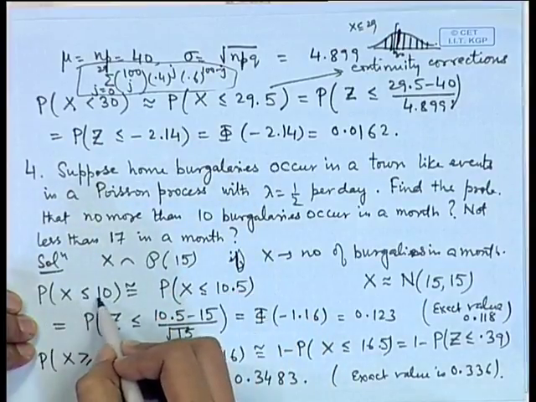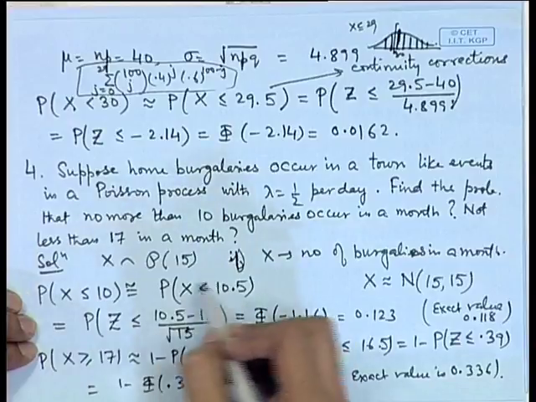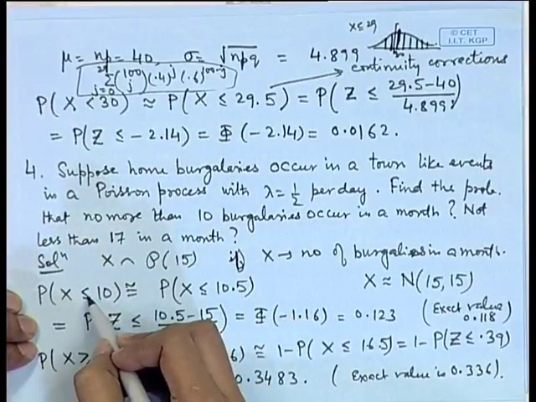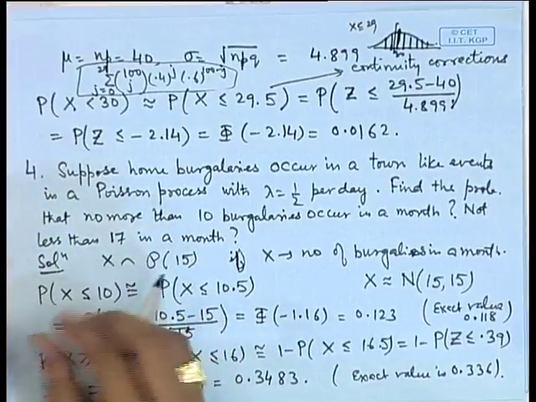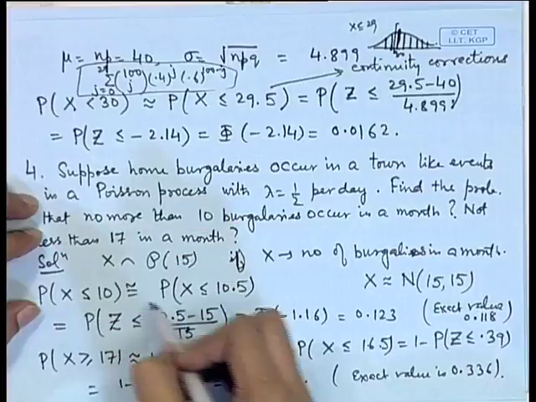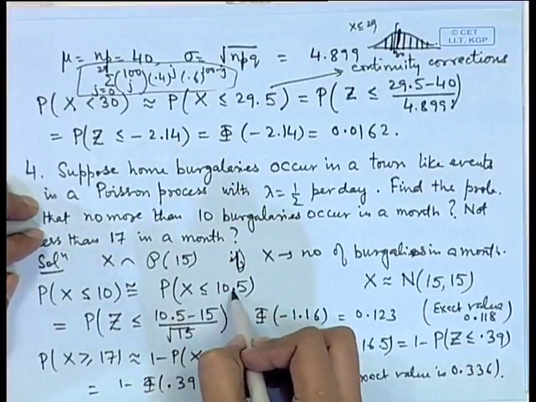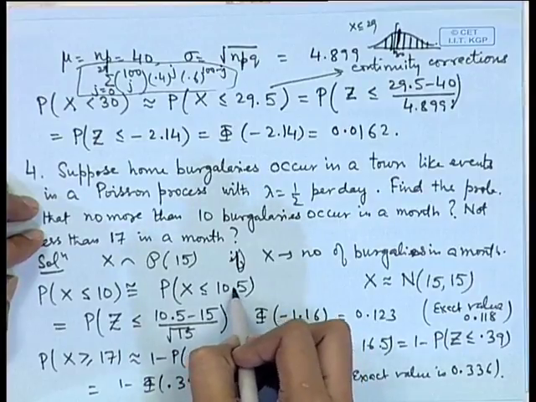So, probability x less than or equal to 10. Again we make use of the continuity correction; since it is less than or equal to 10, it is also the same as probability x less than 11. So, in normal distribution it could have been calculated as x less than or equal to 10 or x less than or equal to 11. So, as a continuity correction we take the midpoint, x less than or equal to 10.5.